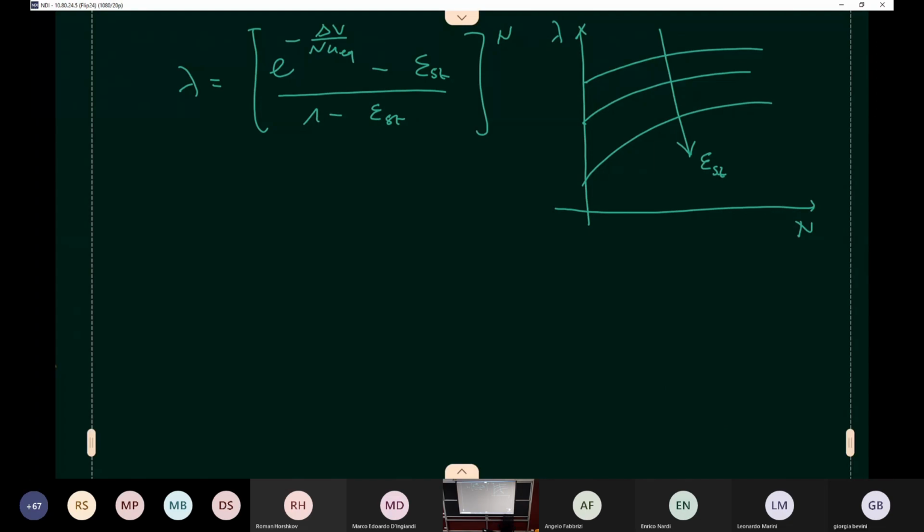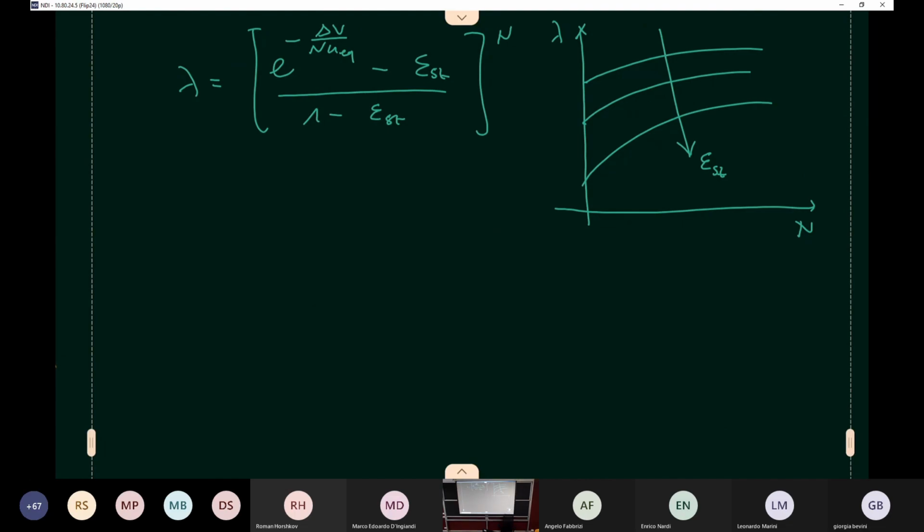We also see here that, considering this as a continuous function, we can find the limiting value, the asymptotic value that we find for n to infinity.